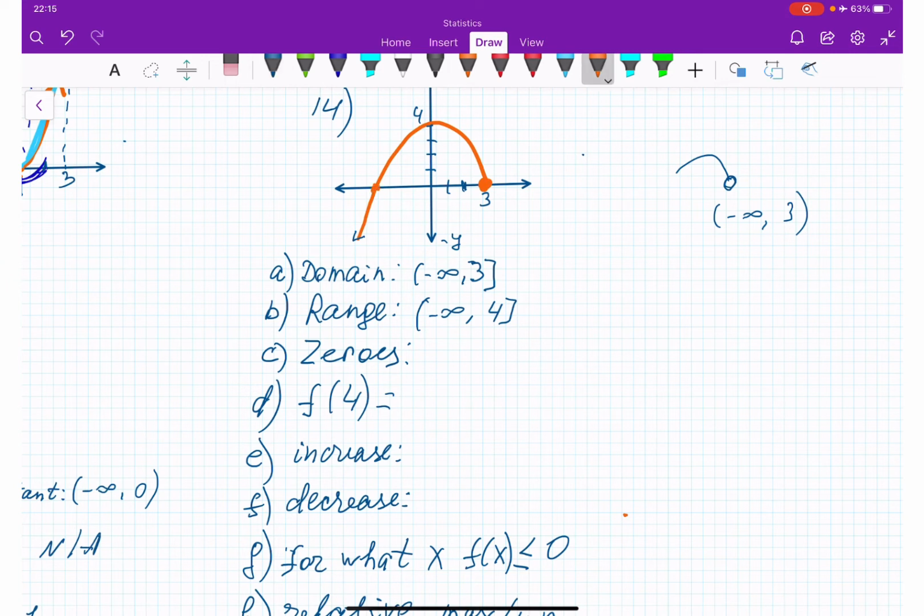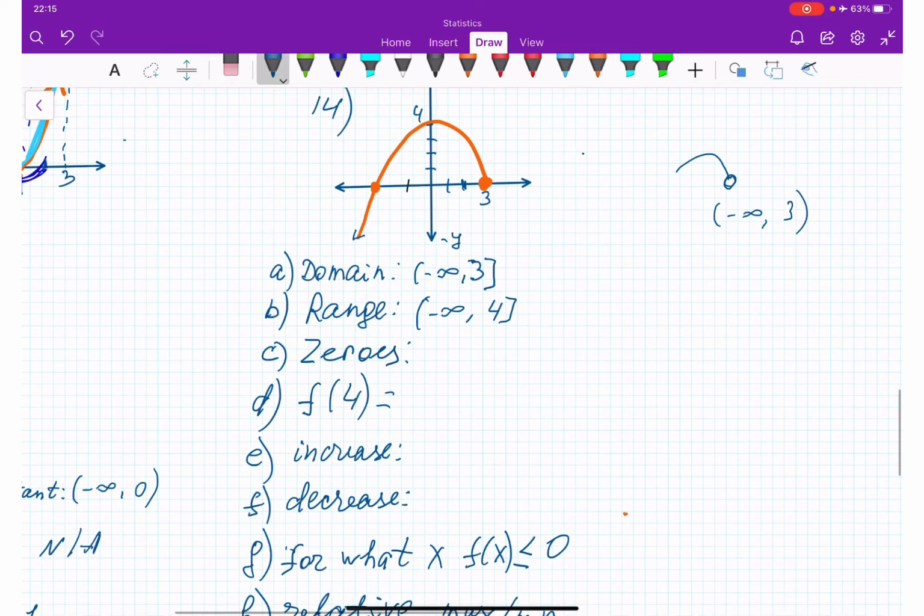And it's going to be at this point. To find out this point, let's see, what do we have here? 1, 2, negative 3. Okay, zeros are negative 3 and positive 3. Okay? Next.